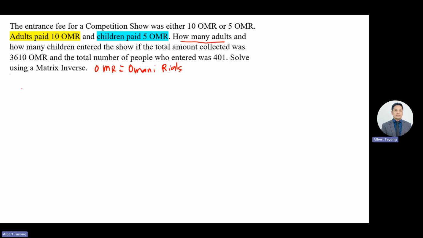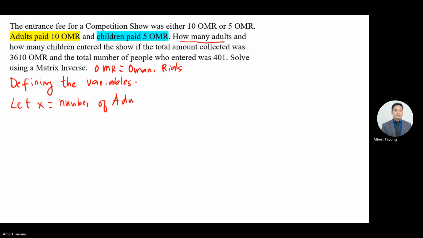The first step is to define the variables. Right, so we let X equal the number of adults, and Y equal the number of children.